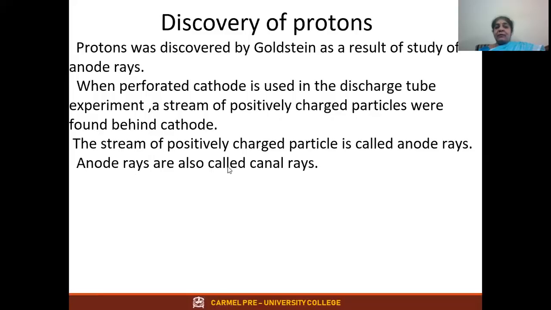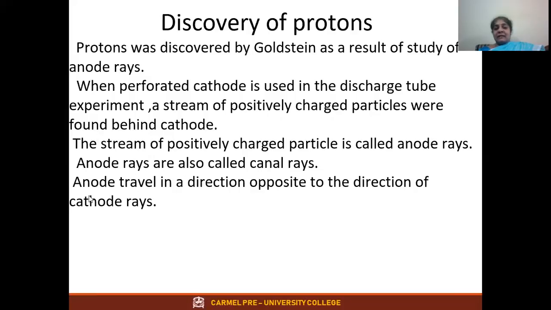Anode rays are also called canal rays. We'll understand why anode rays are also called canal rays a little later. So a stream of positively charged particles is called anode rays. Anode rays travel in a direction opposite to the direction of cathode rays. So what will be the movement of anode ray?